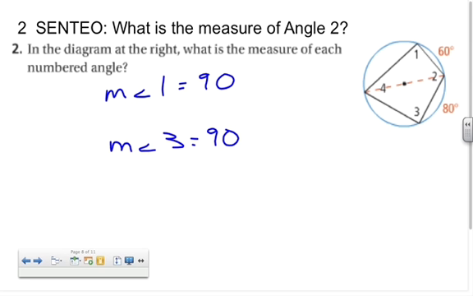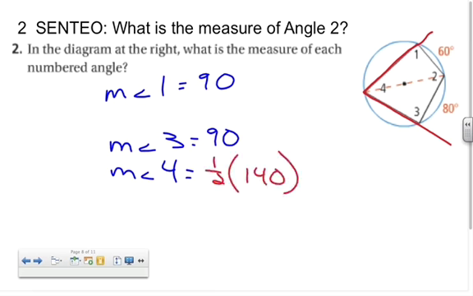Angle 4 would probably be the next easiest angle for you to find, because notice it is an inscribed angle, and we know the measures of the arcs that it's intercepting, that arc measuring 140 degrees. So since it's an inscribed angle and it's intercepting a 140 degree arc, I take half of that, and I get that it's 70.